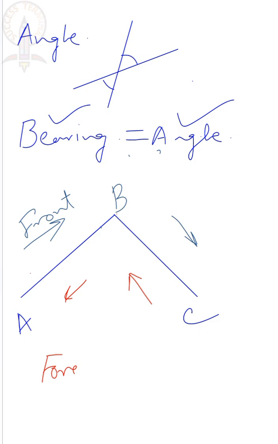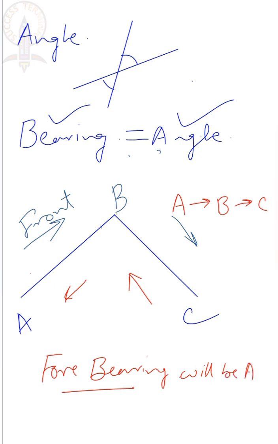Here I haven't written the term bearing, because there is another concept you need to grasp. Just watch. This is fore bearing, and if the direction is backward, that is a different case. We are moving from A to B, and B to C in this way.